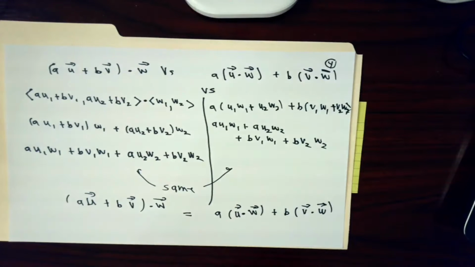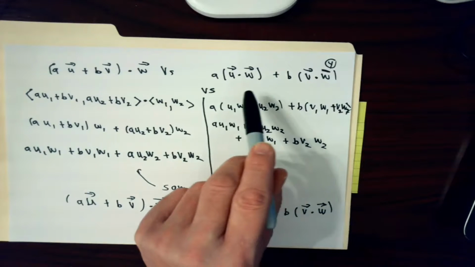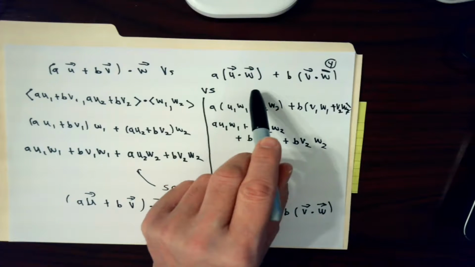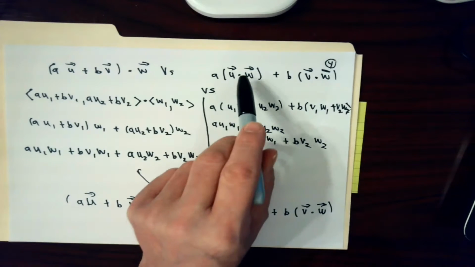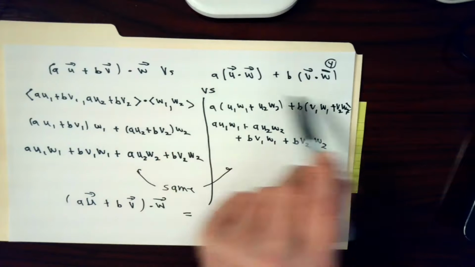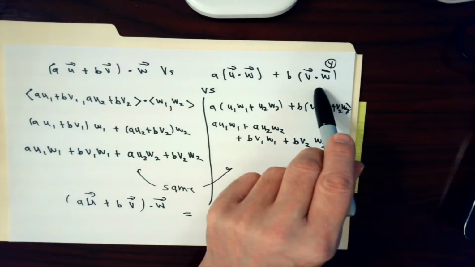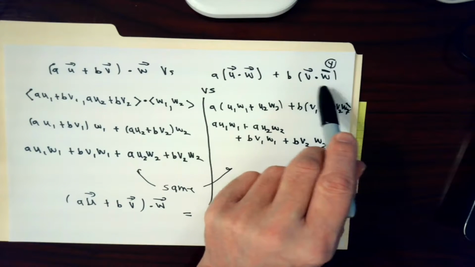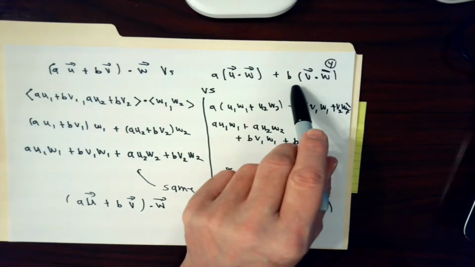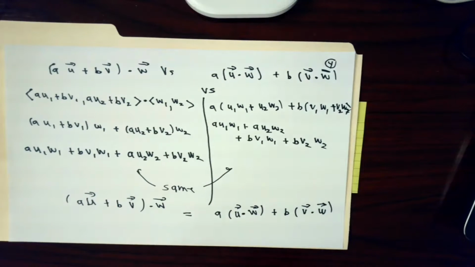And I want to think about whether or not that's the same as doing the dot product of u and w and then multiplying that number by a, doing the dot product of v and w and taking that number times b, and adding them together or not.